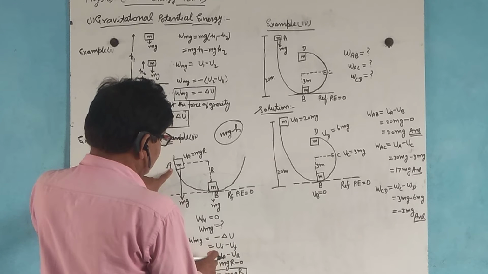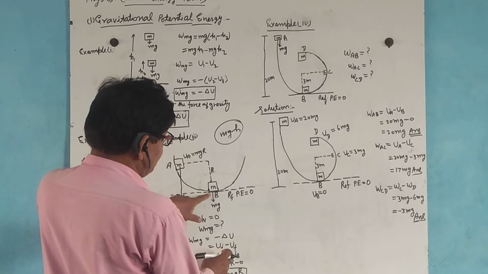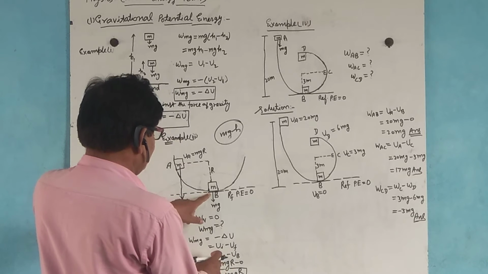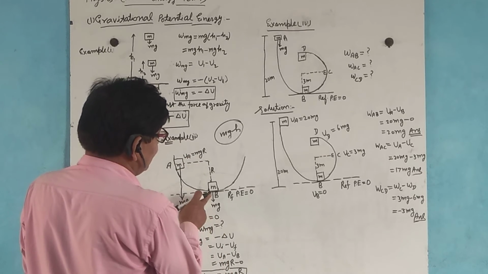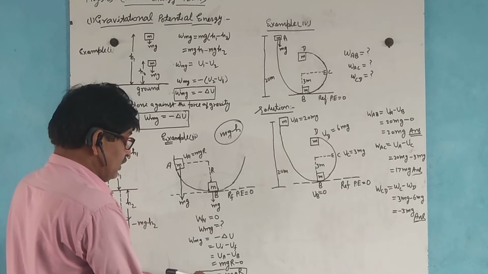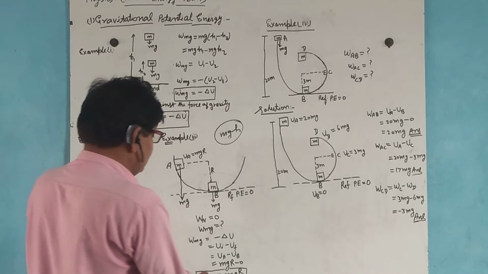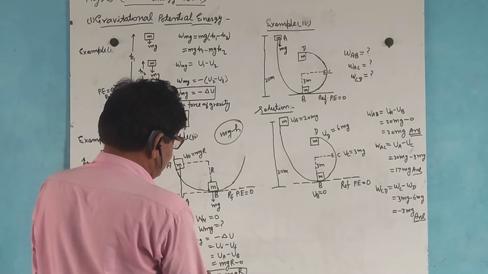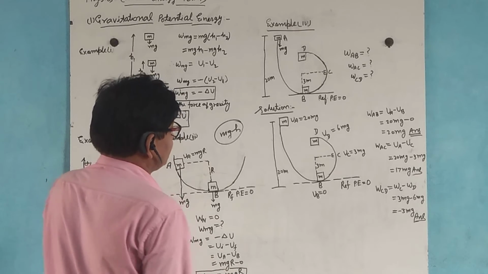Ui is equal to UA, and the final potential energy is UB. In this case, UA is equal to mgr and UB is equal to 0, so the work done due to mg is equal to mgr.